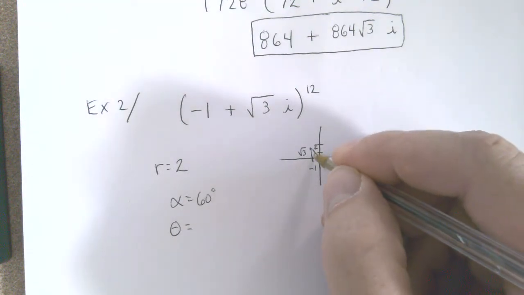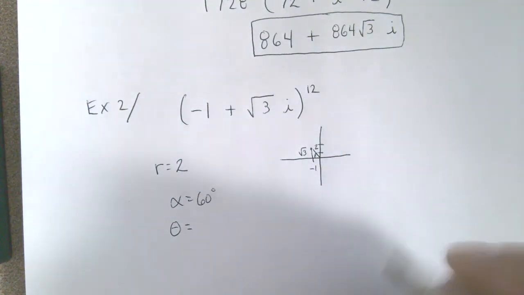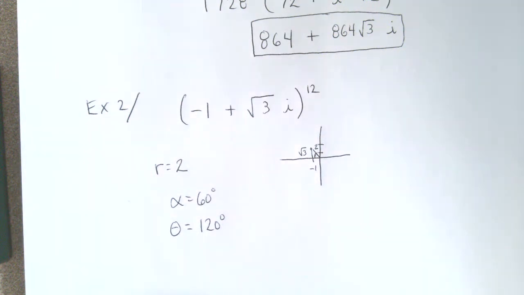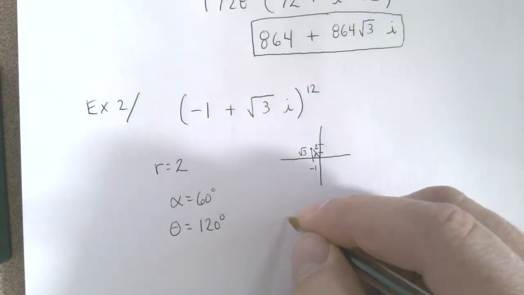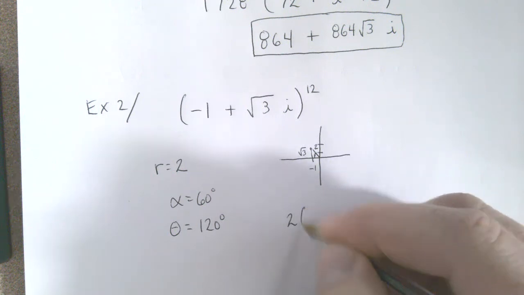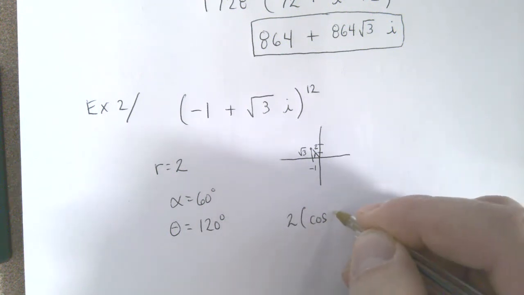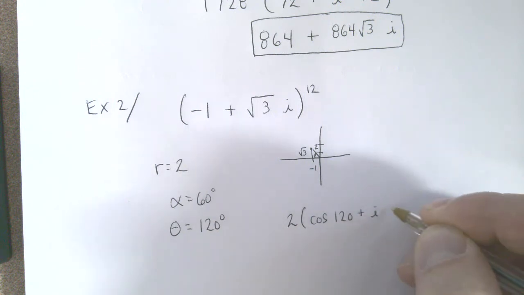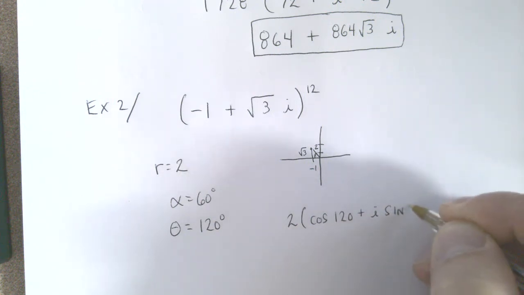If this angle here is 60, then we know that theta is going to be 120 degrees. And now we can write our trig form. We know it's 2 cosine 120 plus i sine 120.